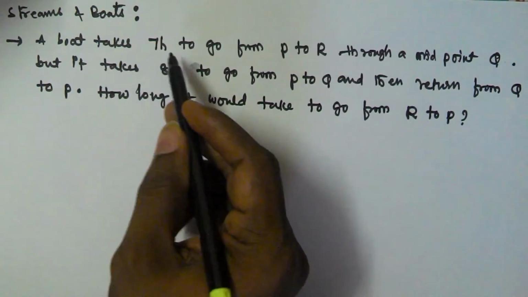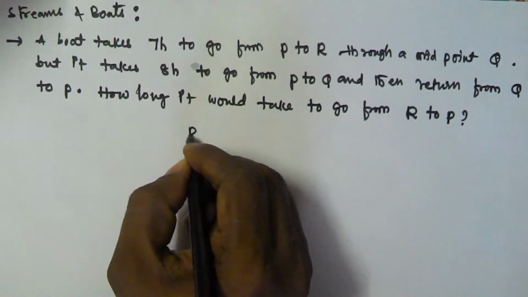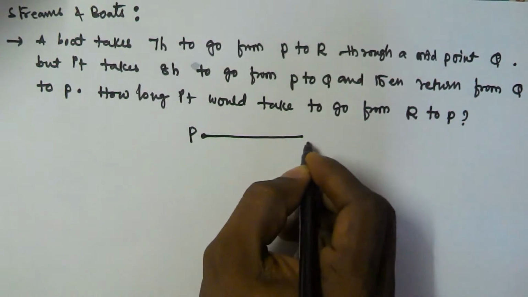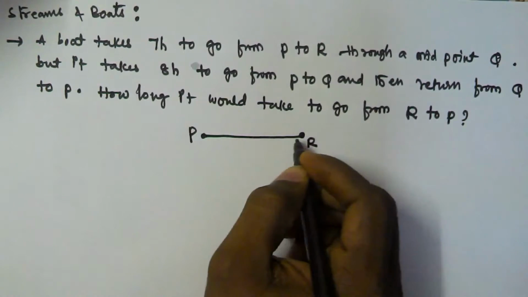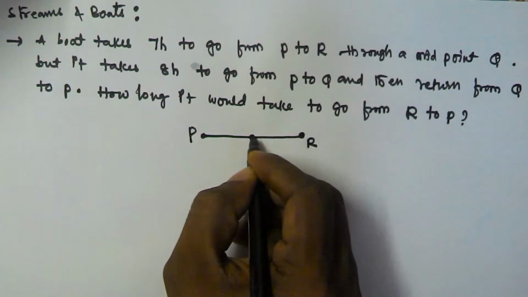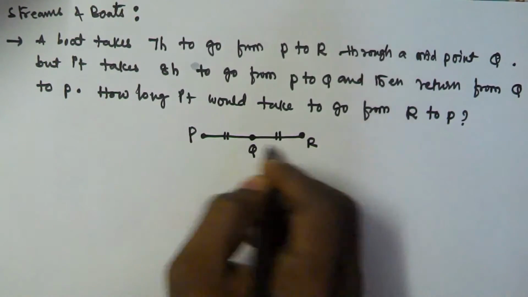So a boat takes 7 hours to go from P to R. So there are 2 points: one is P, another one is R at a certain distance. It is going through a midpoint Q. So Q is the midpoint of P and R, so these two distances are equal.